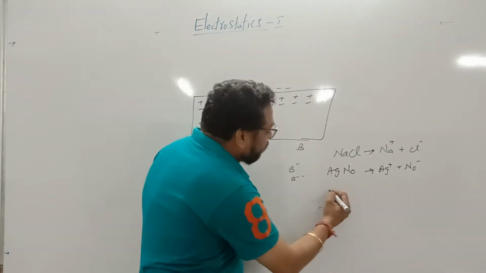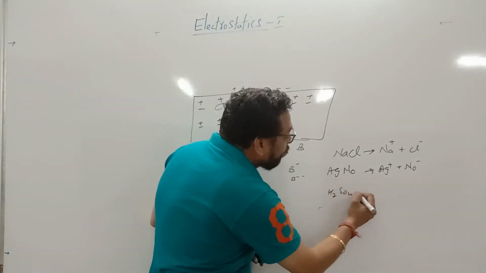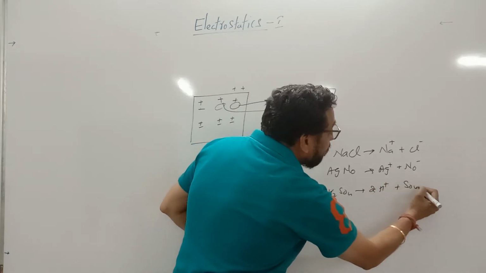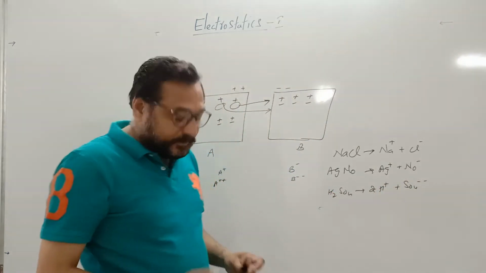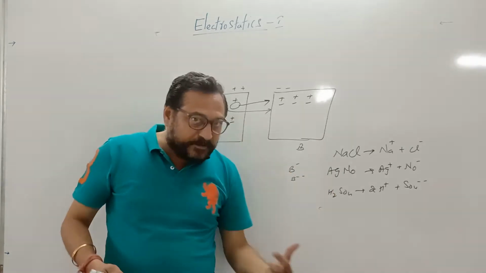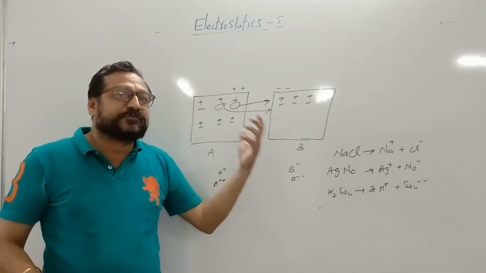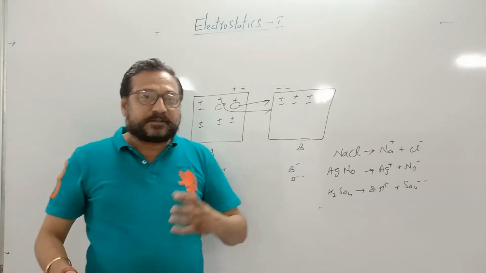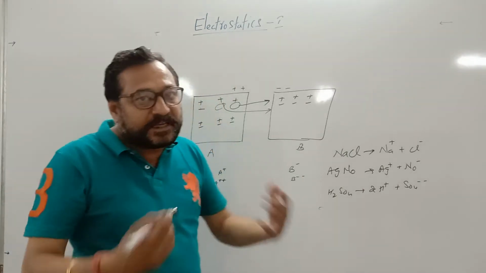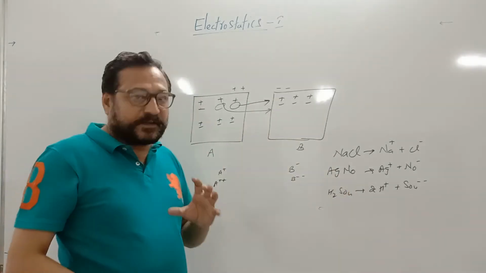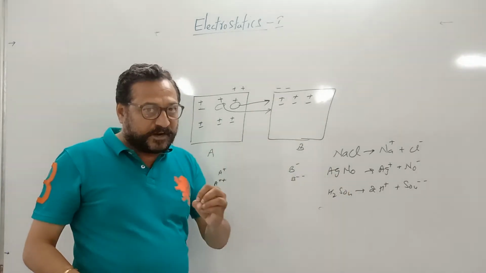Another example is H2SO4, twice H plus and SO4 double minus. One body is positively charged, another is negatively charged. Therefore, charge can be produced or transferred from one body to another. This is the conclusion on the production of charge.